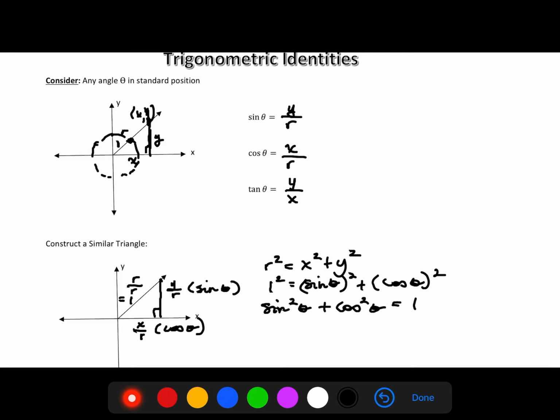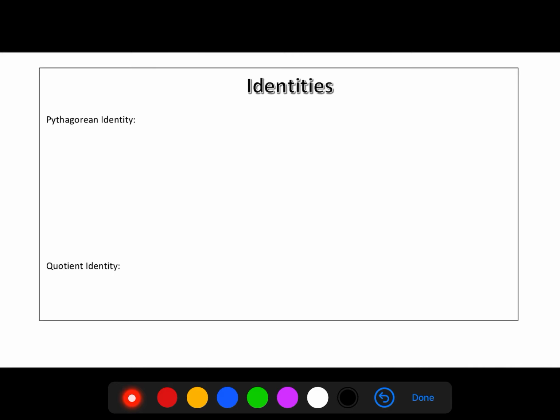Taking those out, sine theta times sine theta, and just writing it with the 2 at the end, gives us sine squared theta. Cos theta times cos theta gives us cos squared theta, and we have that equal to 1. This is basically our most simplified trig identity. And this is what is called the Pythagorean identity, for exactly that reason that it comes from the Pythagorean theorem.